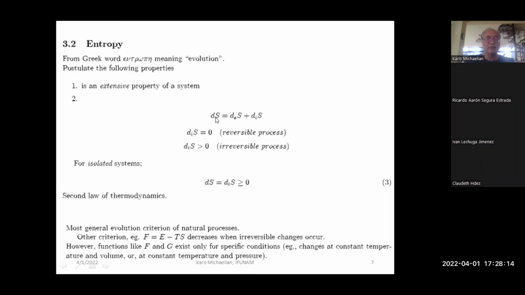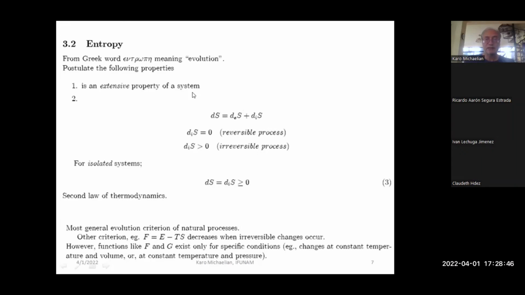So for instance, when we have an open system, then the change in entropy of the system can be due to an exchange with the external environment, and that's why this subscript e is written, and due to a second component which depends on the irreversible processes which are occurring within the system. So this is the internal production of entropy due to irreversible processes in the system.